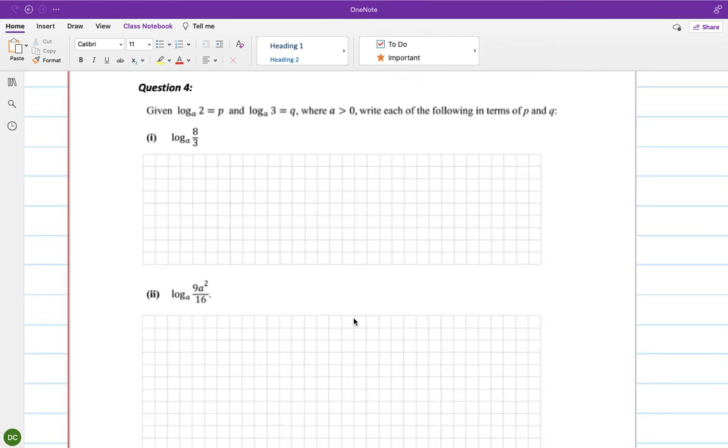Okay, so given log to the base a of 2 is p and log to the base a of 3 is q, where a is greater than 0, write each of the following in terms of p and q. Okay, so the first part, I mean, this seems okay. This is a division, isn't it?